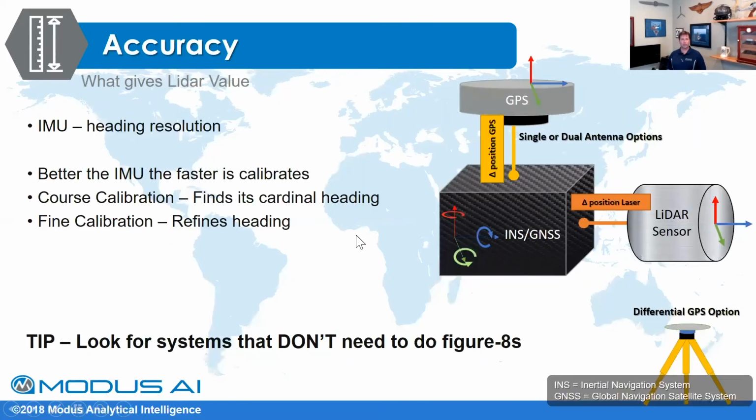All right. So the last little bit with accuracy is really more getting into the real system now that you know why that's important. And that really has to do with the IMU. So the GPS part of that is pretty germane. Some systems have dual, which do a little bit of heading correction.